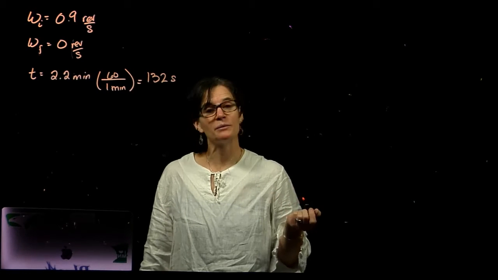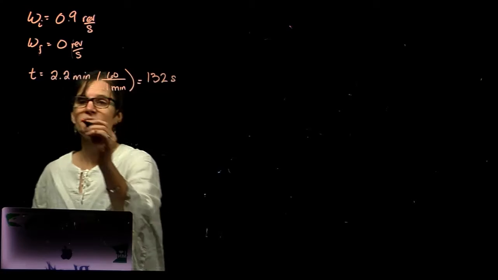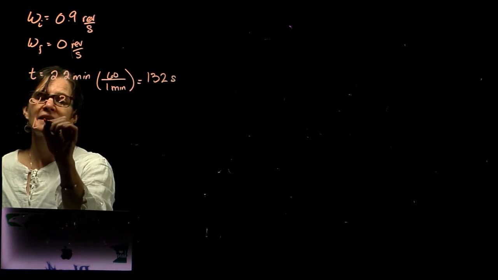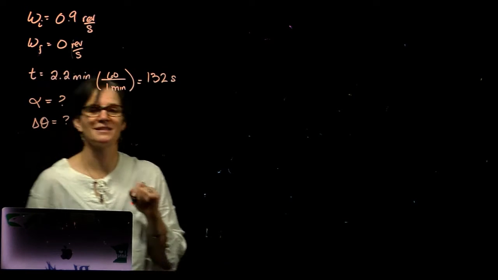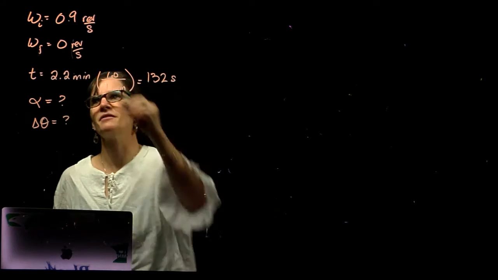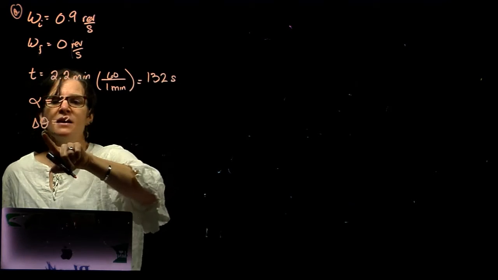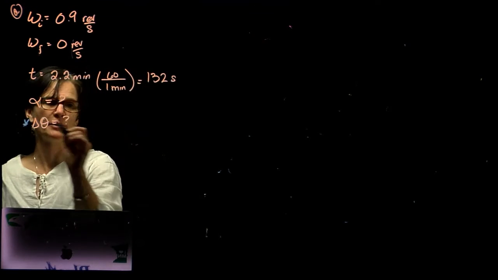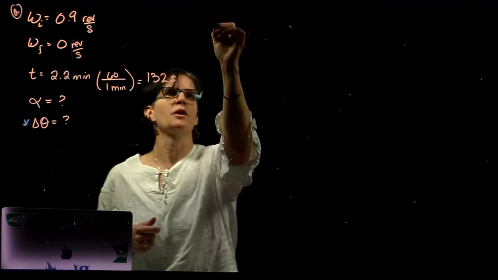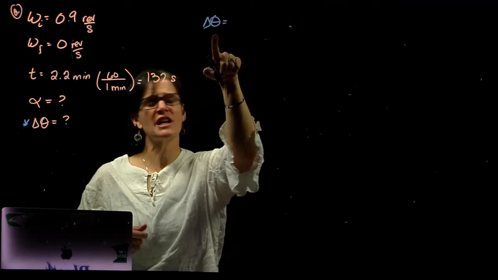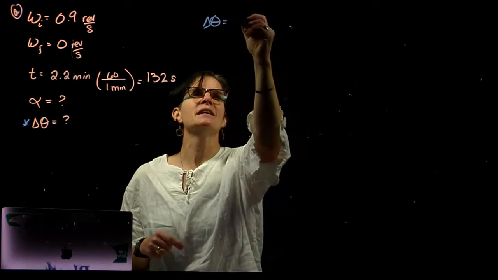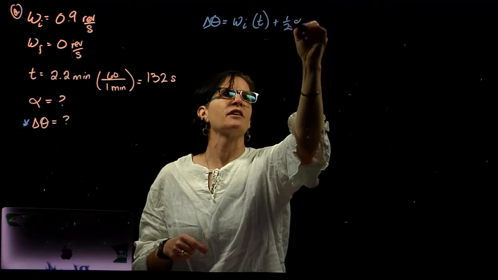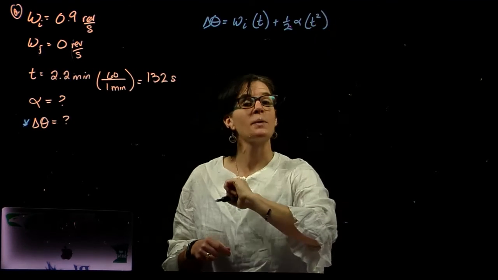So the first is, how many revolutions does it make? We also don't know its angular acceleration. This is part A, and we want the angular displacement. Using our kinematics, the angular displacement is equal to the initial speed times time plus 1/2 the angular acceleration times time squared.